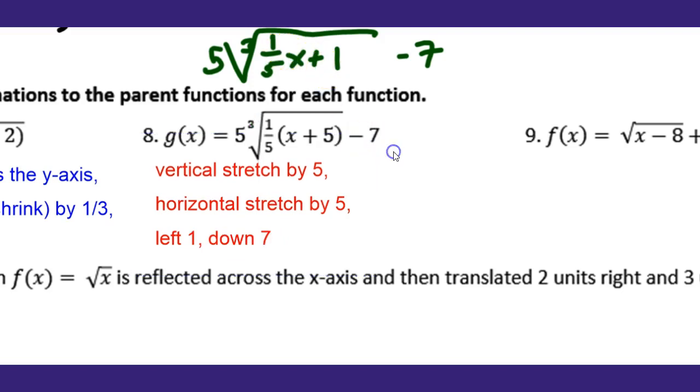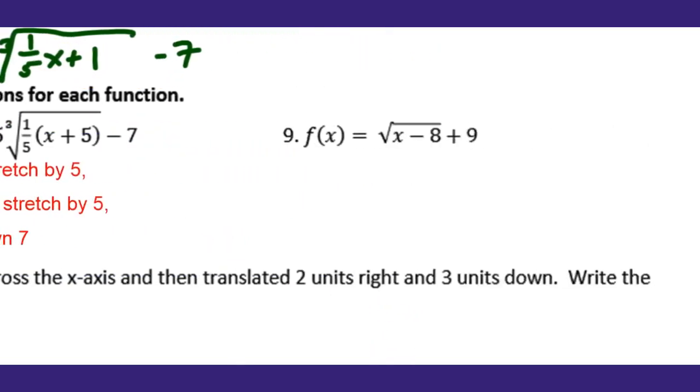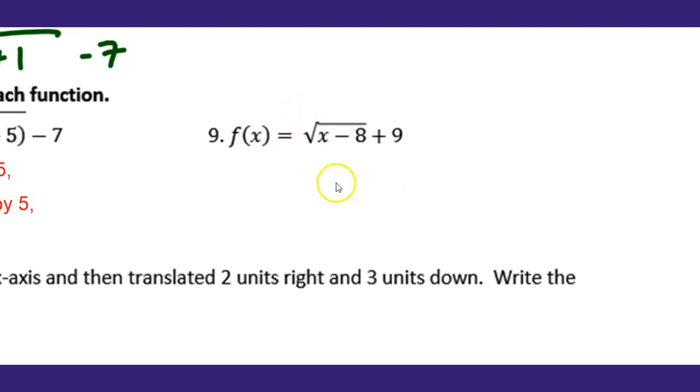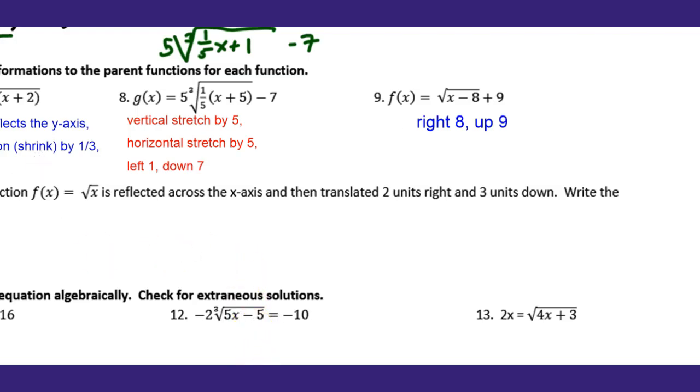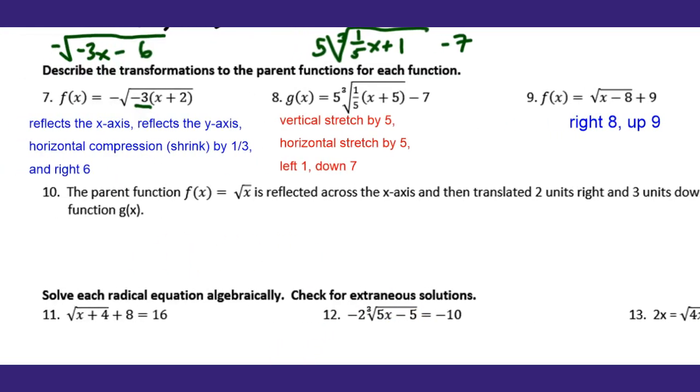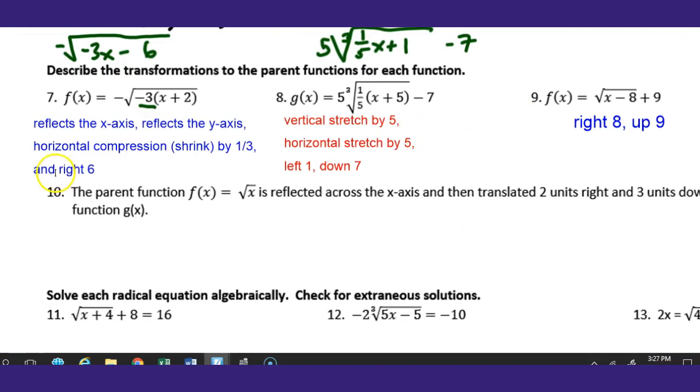And for this one, there's not much to type. That 8 tells us right 8, and that plus 9 tells us up 9. So that one's simple. So there's our transformations, guys.